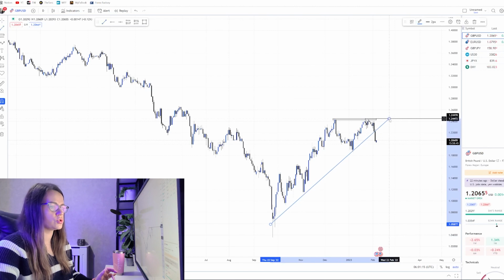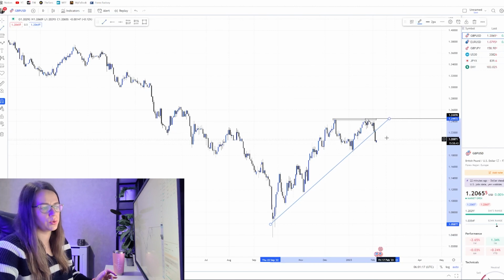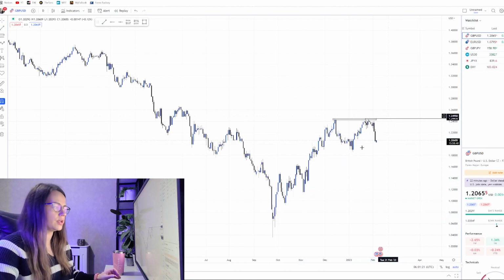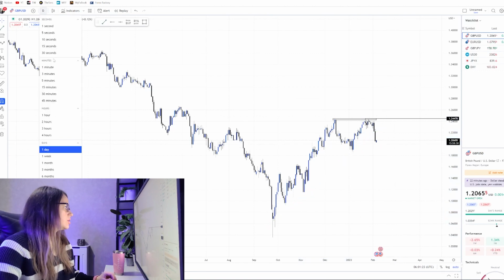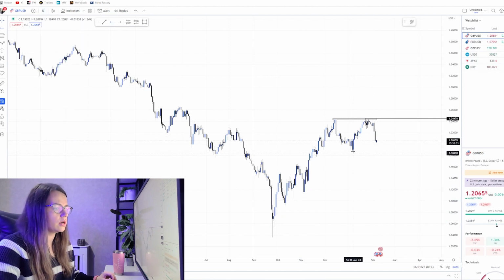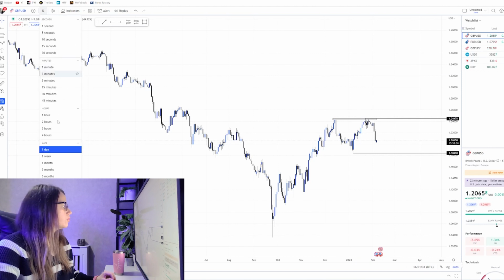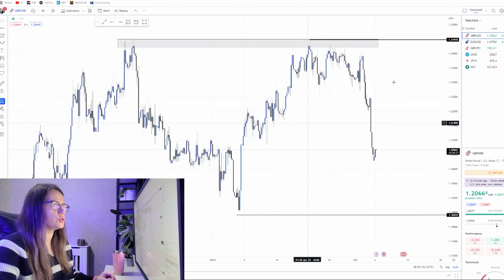Although for those who use trend lines, you would say that this is broken, but I still see it very bullish, and that's why I drop to, I can put my low in here, so high and low, then I can drop to 4 hours again to see what range we are working for.